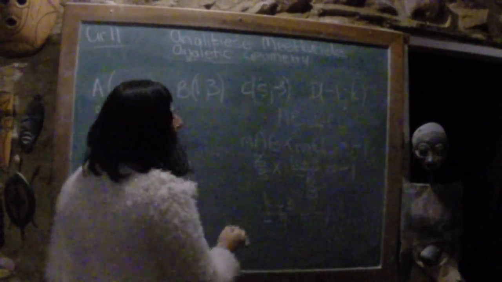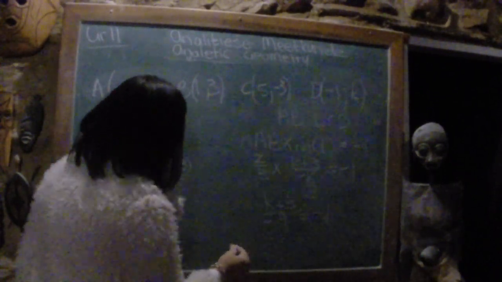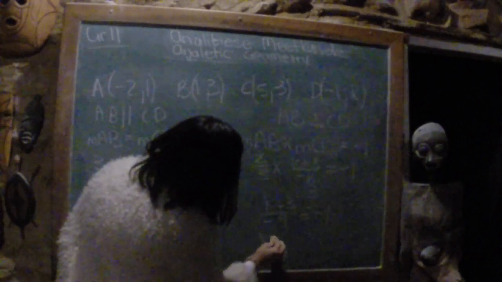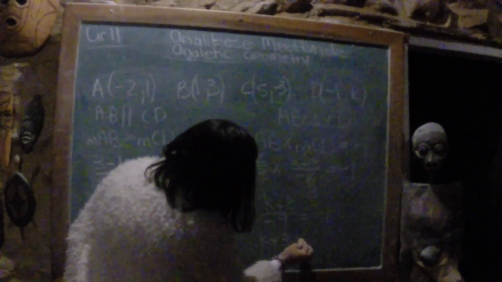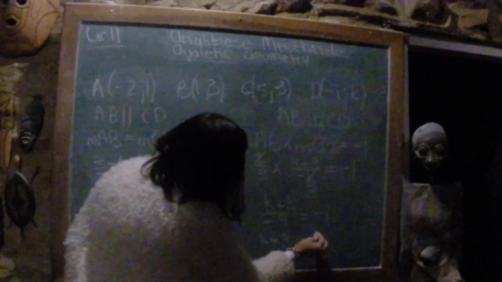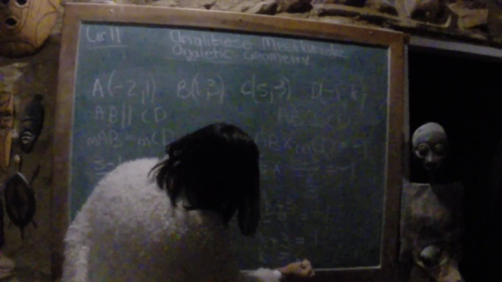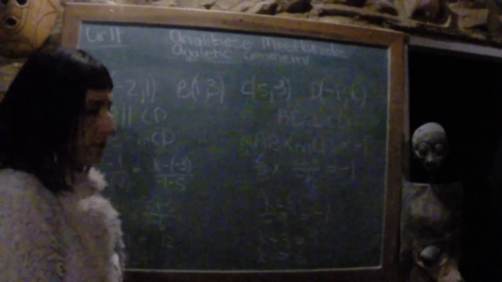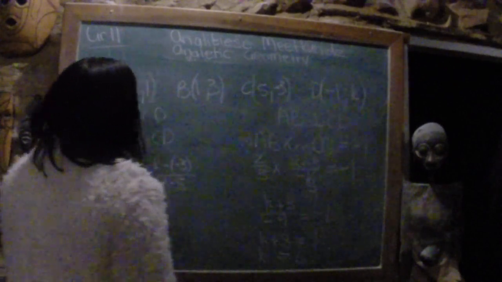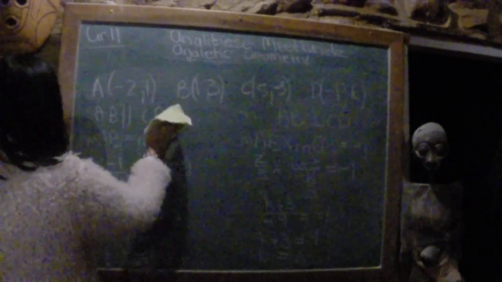Can take this division to the other side of the equals sign, so it becomes multiplication. So minus 1 times minus 9 is 9 and therefore K equals 6. I determined the value of K when the lines are parallel as well as when the lines are perpendicular.